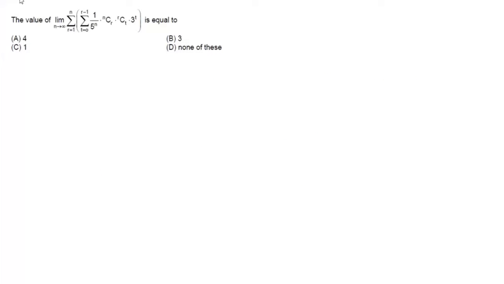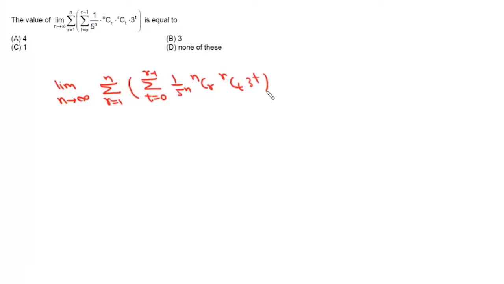Now the question is, find the value of this limit, n tends to infinity, then this summation r varies from 1 to n, this summation t varies from 0 to r minus 1, 1 upon 5 to the power n, nCr, rCt, and 3 to the power t.